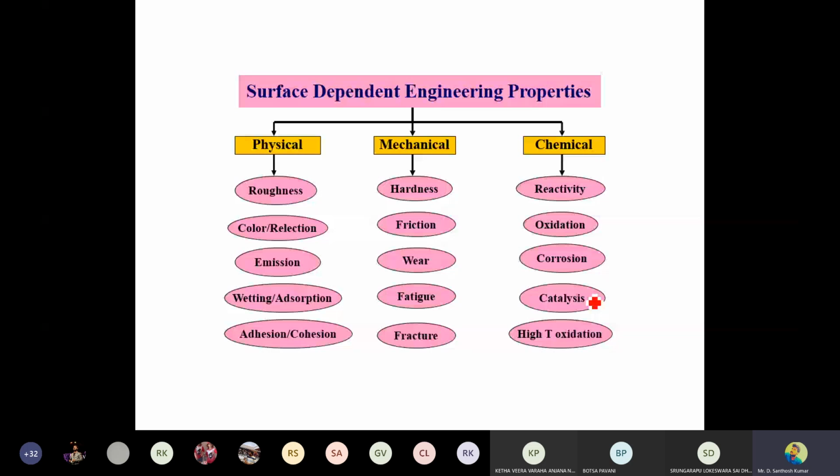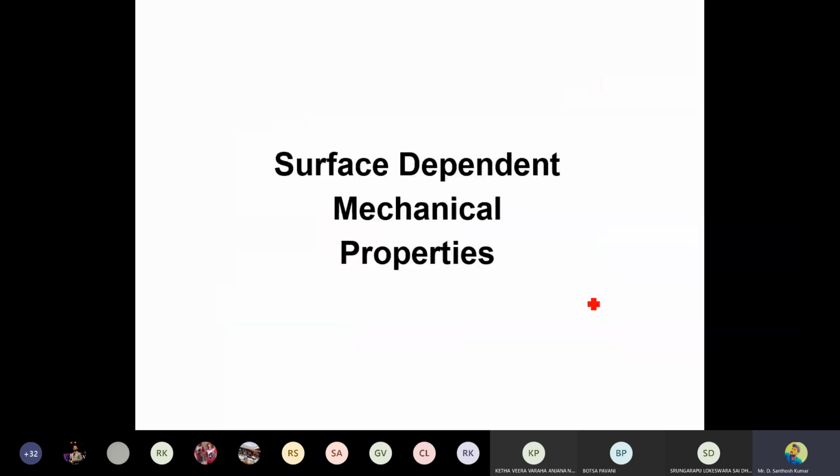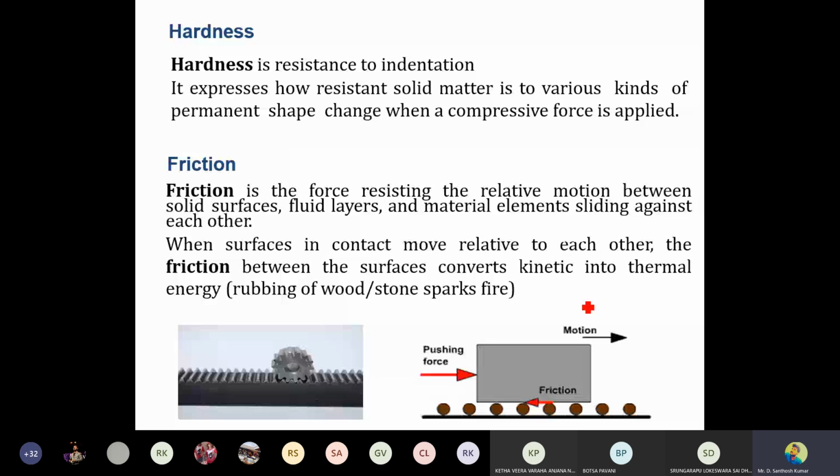First we will talk about some mechanical properties, what hardness and friction are and how they are affected by the surface. So we will discuss surface dependent mechanical properties. I think everyone knows what hardness is.